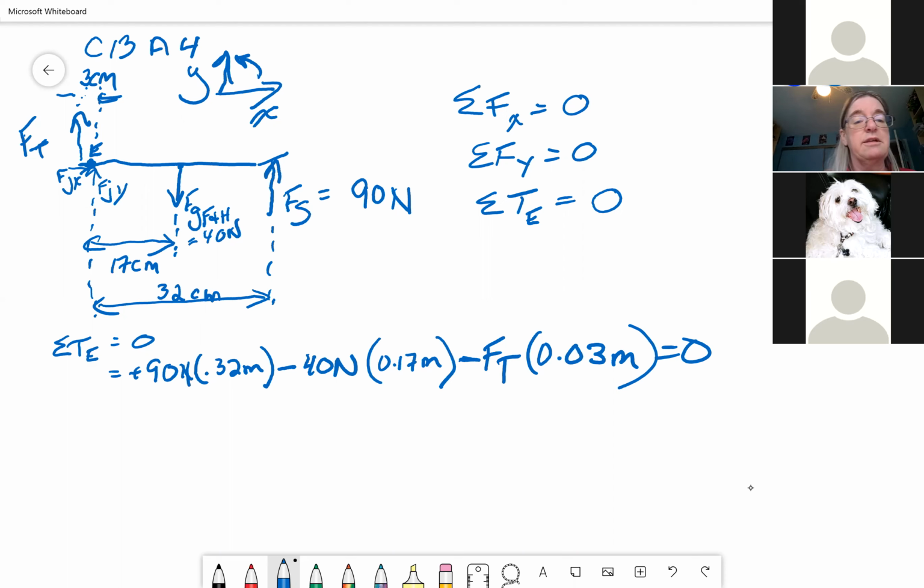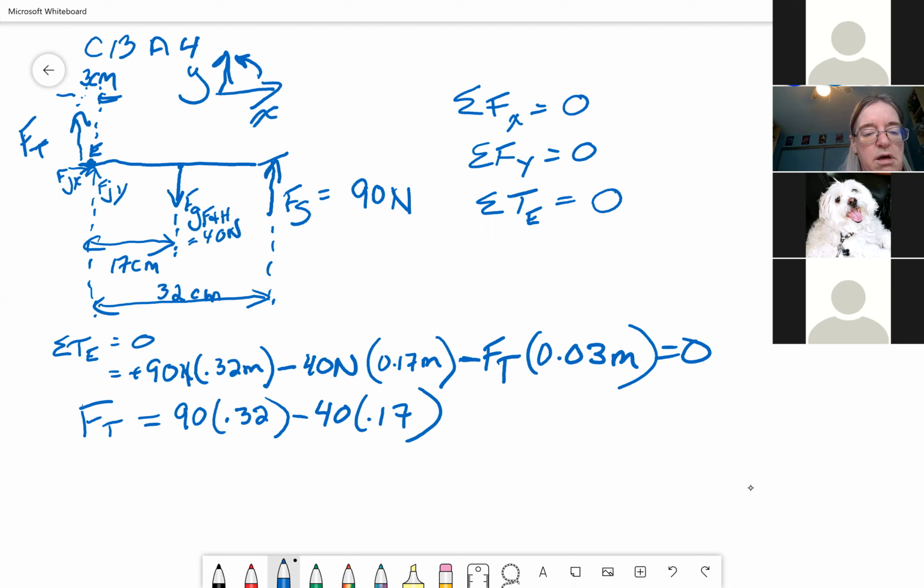So if I rearrange everything, I'm going to have 90 times 0.32 minus 40 times 0.17, all divided by, and those are all going to be Newton meters, I'm going to divide it by 0.03 meters, which therefore I'll be left with newtons, which is exactly what I want.